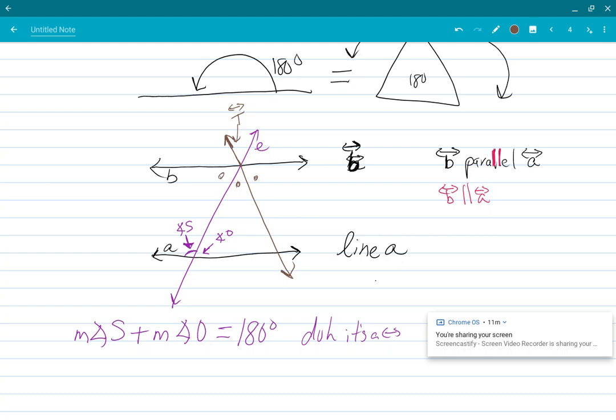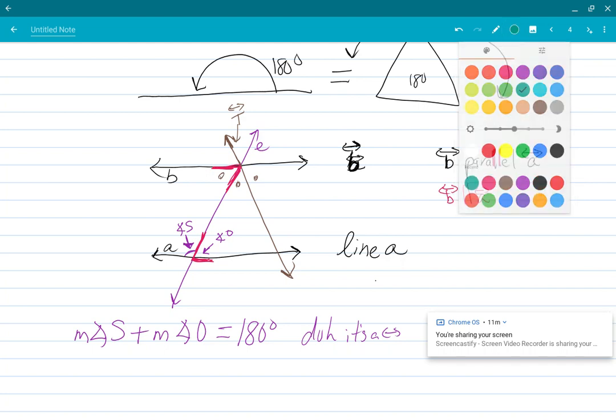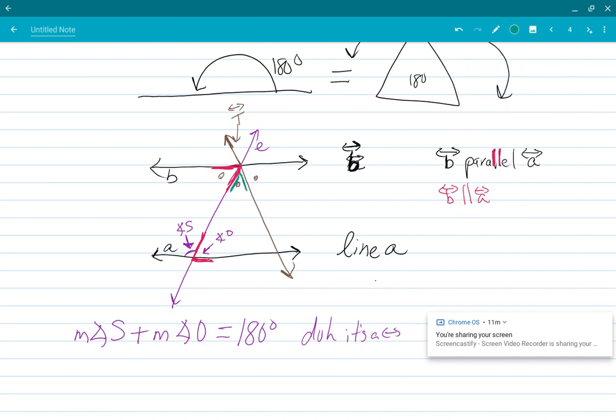Now, in geometry, you learn that angle O and this angle over here are the same, if the two lines are parallel. So we need to name that top angle. Now, we also know that the angle in the middle here is the same as S. Can we just call this angle S instead, because it's the same thing?